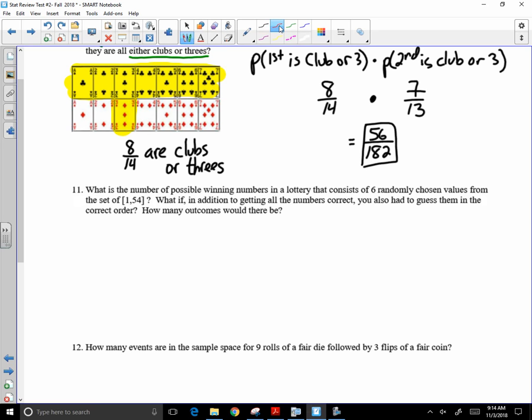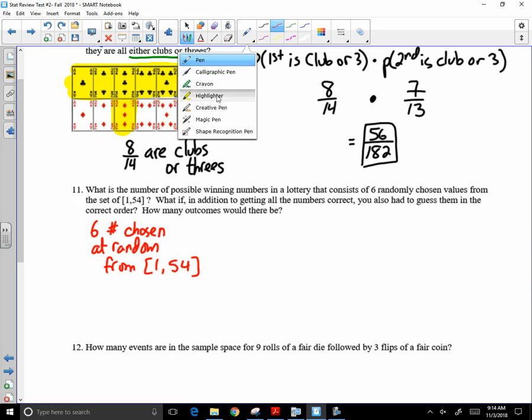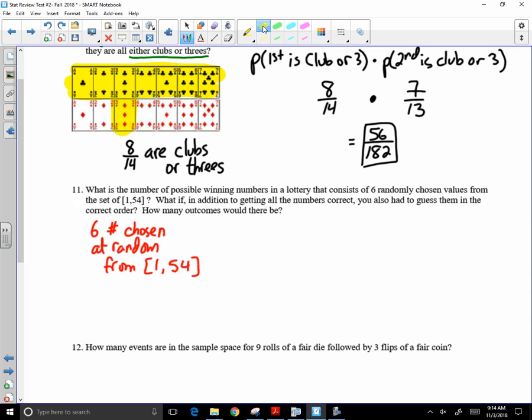All right, so here we have a total of 54 values to play with.